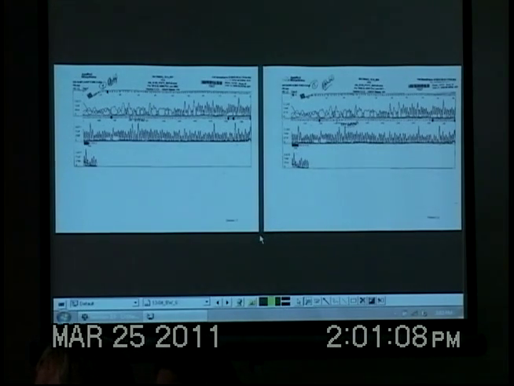If they are actually... Well, wait now. So if I look at the peaks, they look exactly the same.